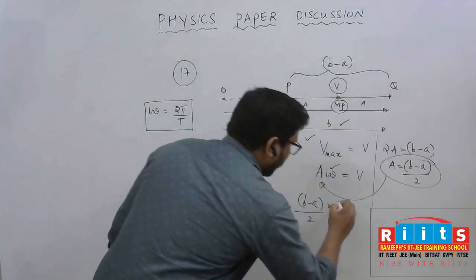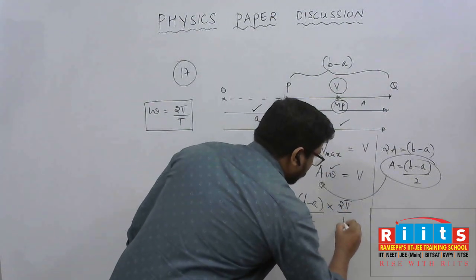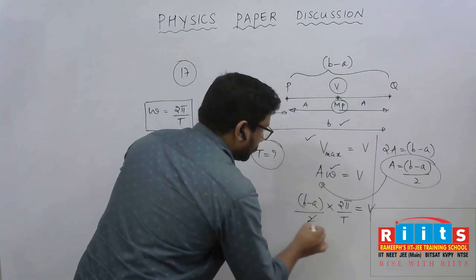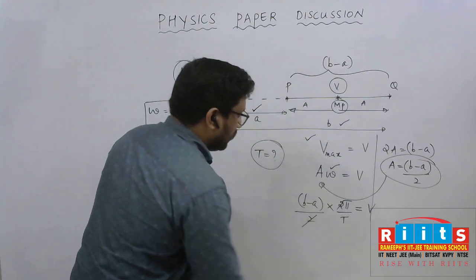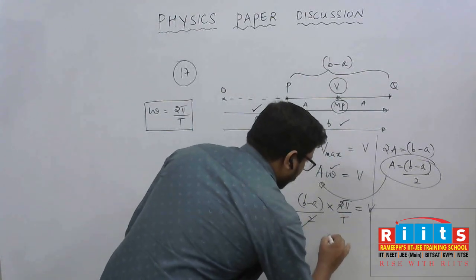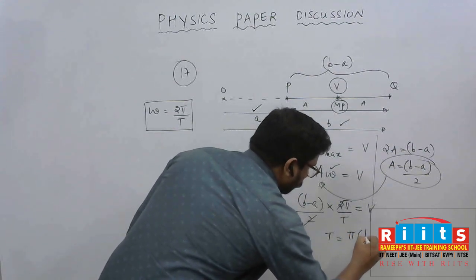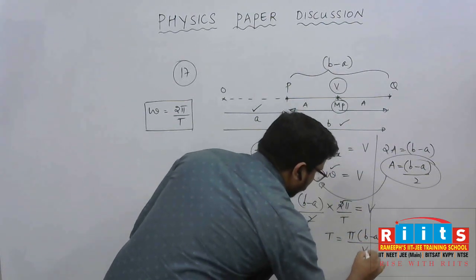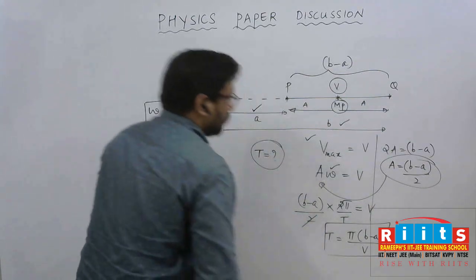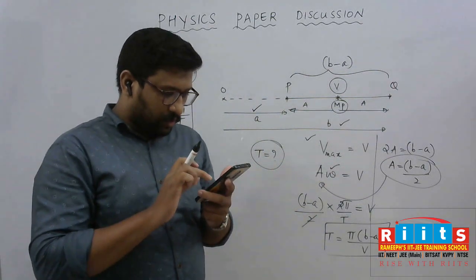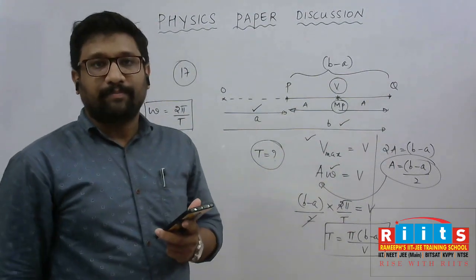So omega can be written as 2 pi by T, which is equal to V. So if you cancel these together, then finally what is the expression for time period? Time period is coming as pi into B minus A divided by V. So this is the required answer. The correct option for this question is option B.